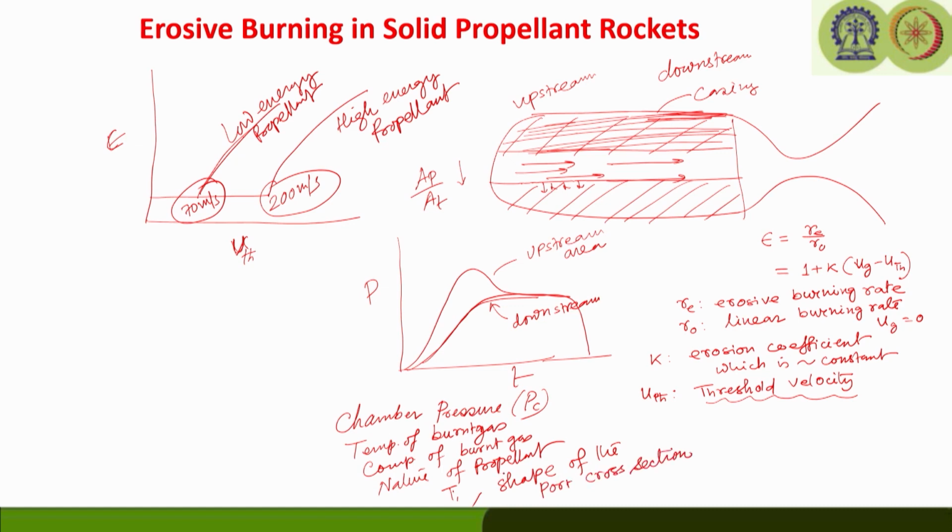So, there are various influencing factors which are going to influence the flow velocity, and eventually those are very much important for the burning rate of the propellants also.